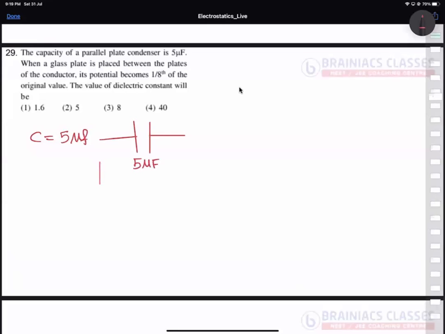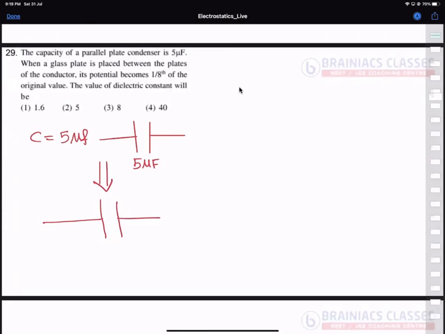Now the situation changes. Between the plates of the capacitor, what we have placed is a conductor.